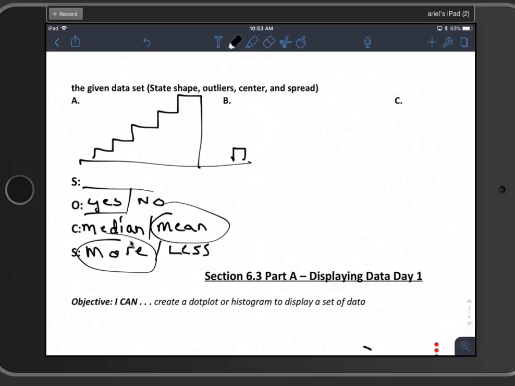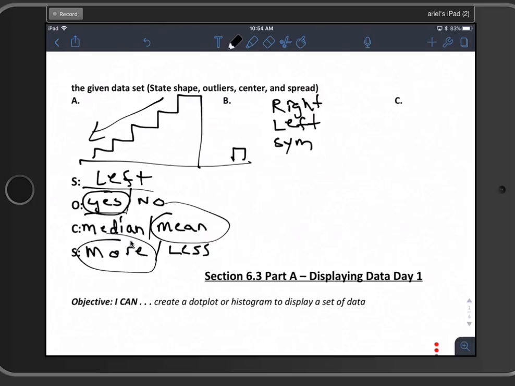I'm going to give you the same answers: spread, skewed right, left, symmetrical, and then you would write that it is skewed left. And all you have to do is write left because it goes down left. And is there an outlier? Yep, you're going to circle yes, there's an outlier right over here. And then would we use the mean or the median? Well, it's skewed, so we would circle median.